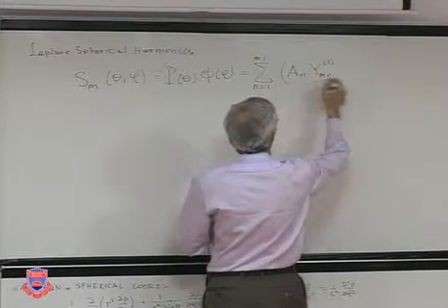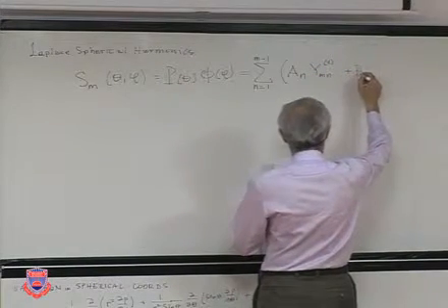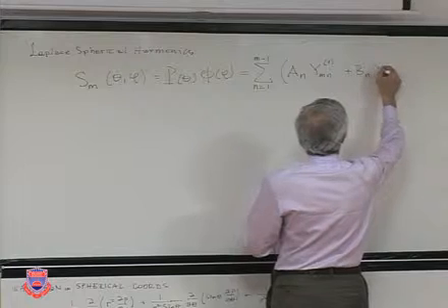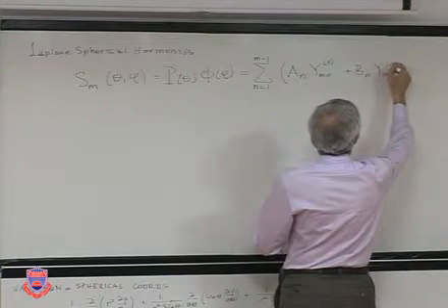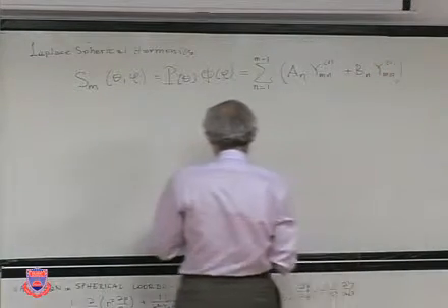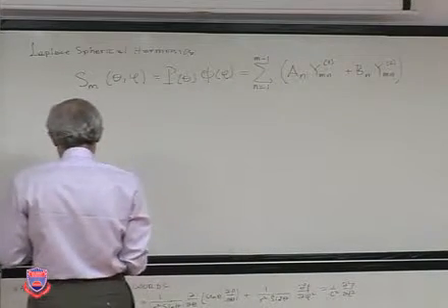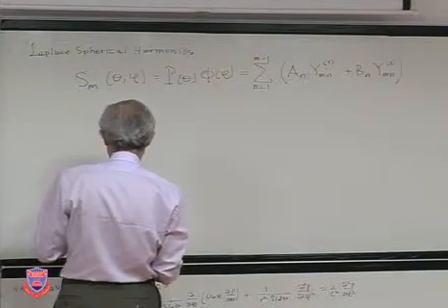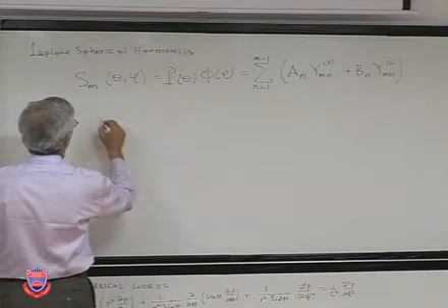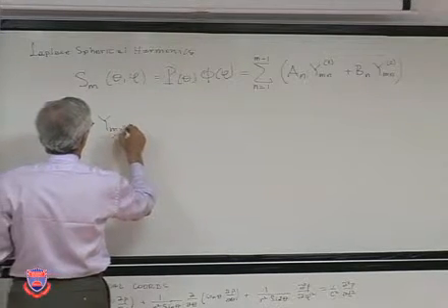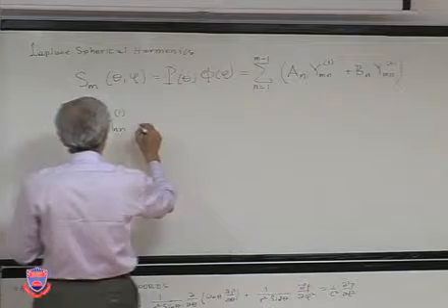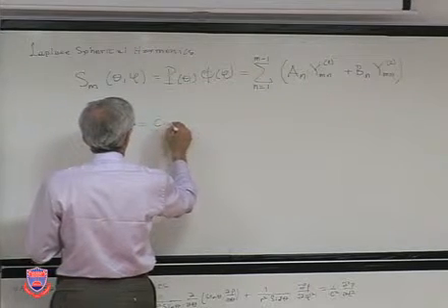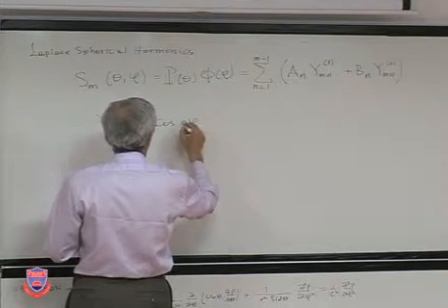First kind. Let's write these. Okay. And harmonic functions are expressed as cosine n phi.